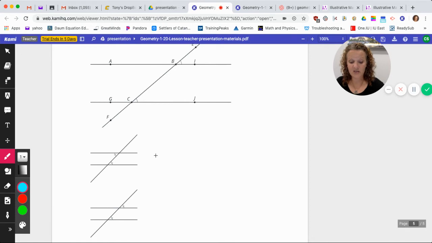Okay, these, you need to write these down. Alternate interior angles are congruent. Okay, they're alternating sides of the transversal and the inside of the parallel lines, alternate interior.